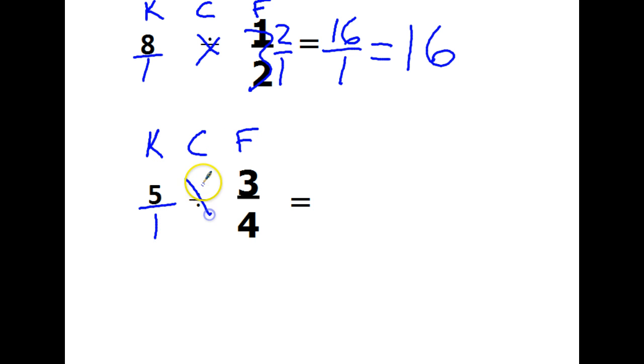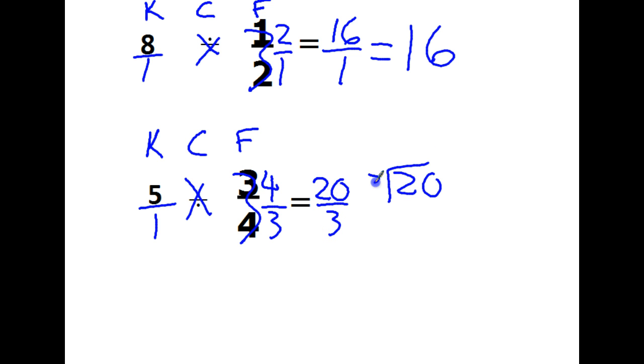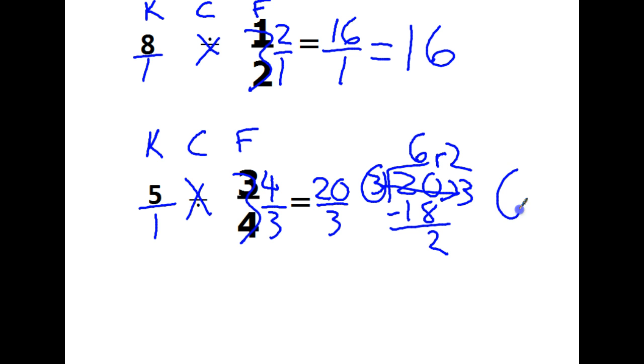Keep the 5 over 1, change the sign, flip 3/4 to 4/3. 5 times 4 is 20, 1 times 3 is 3. I have to divide. And since I know 20 is not a number when I do the 3 song, I know I'm going to end up with a remainder. 6 times 3 is 18. Subtract, I got 2. 6 remainder 2. Bring that 3 over, so it really equals a big 6, little 2/3.